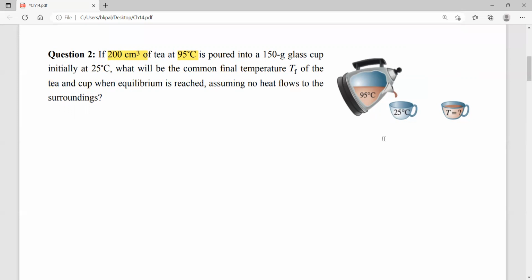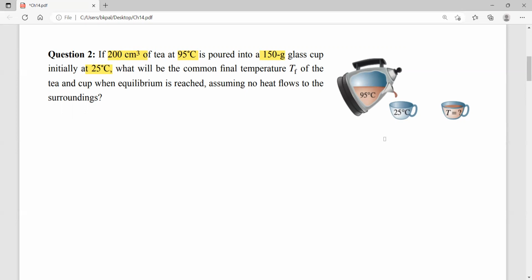And then this is the mass of the cup and the initial temperature of the cup. Now you see that when you put the hot tea in the cup, the tea is at 95 degrees Celsius. That means it is at high temperature, and the cup is at lower temperature, 25 degrees Celsius.